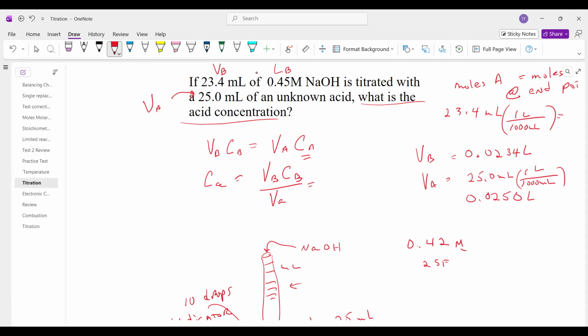Okay, the volume of the base is, concentration of the base is, volume of the acid is, so the liters cancel, gives us moles per liter.